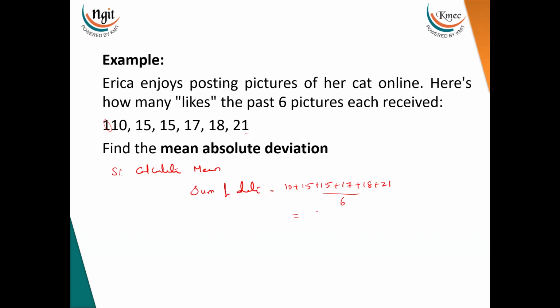So it gives us 96 divided by 6, which is equal to 16. So this is the mean of the given data set. And coming to step 2, we have to calculate the distance between each data point and the mean.